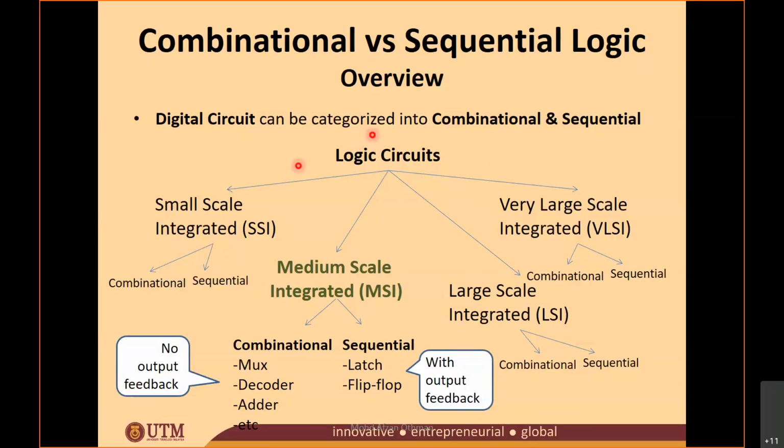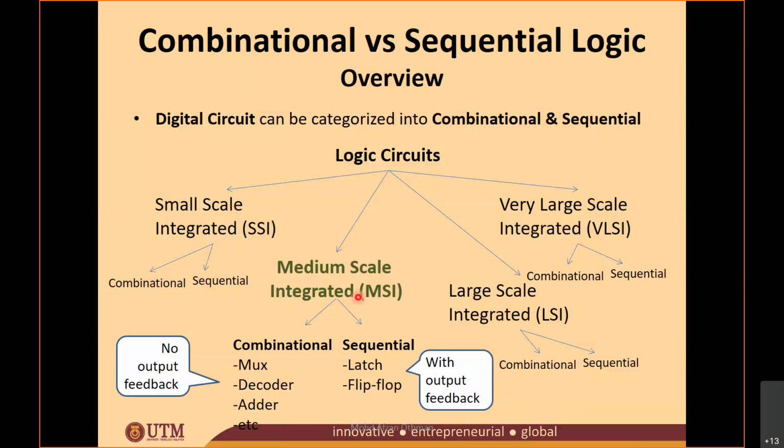Okay, and then the logic circuit can be divided into four families here, which is SSI, MSI, LSI, and VLSI. So each of these family boleh lagi dikategoriskan kepada combinational and sequential.